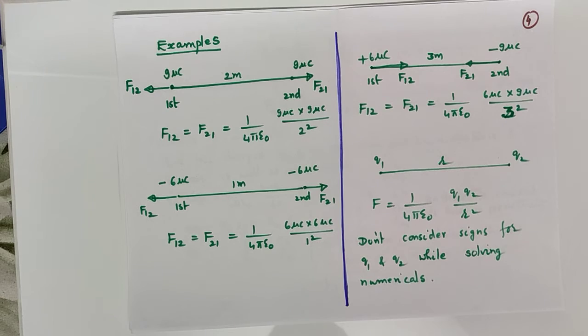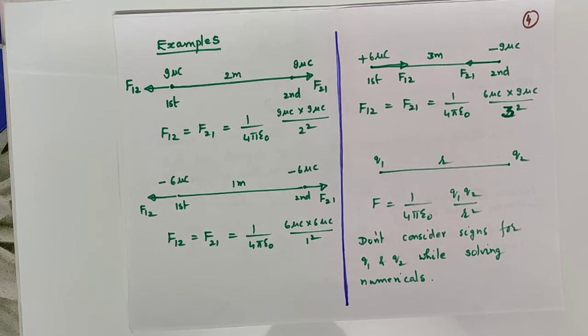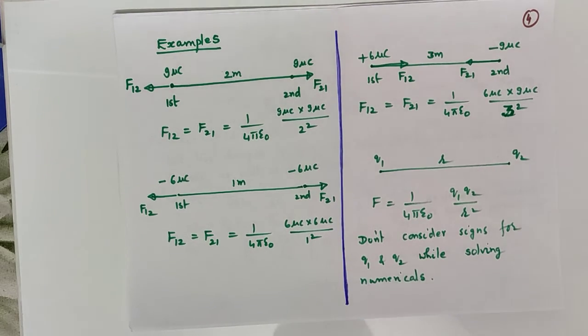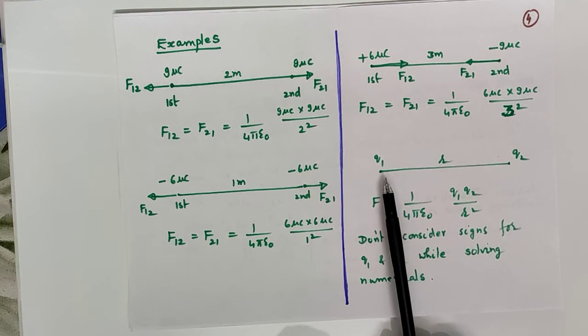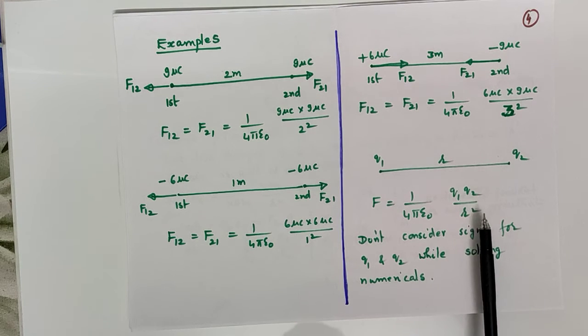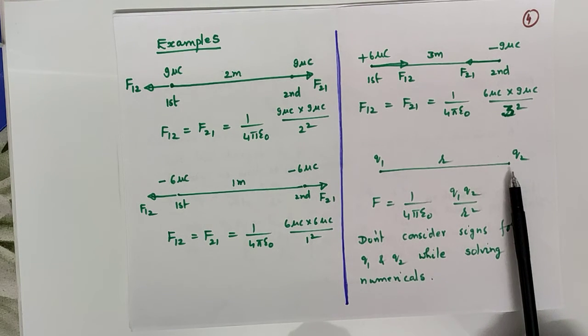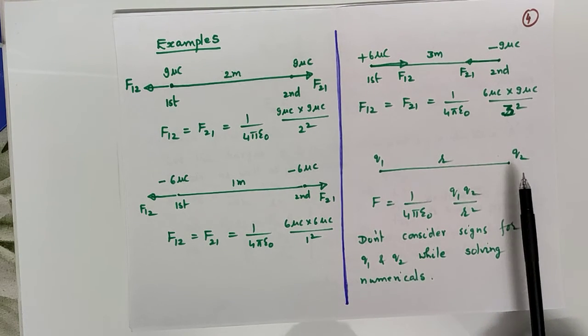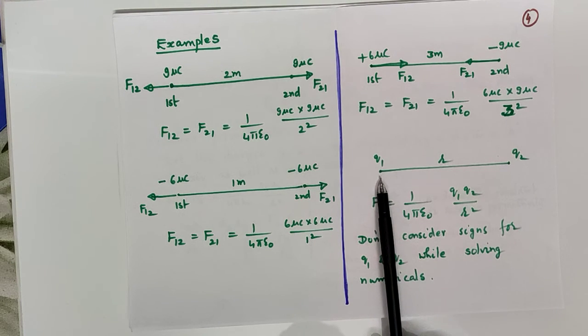Why? Because in Coulomb's inverse square law, we are going to take only magnitudes of the charges. We are not taking any direction in that Coulomb's inverse square law. So finally we can write the force between two charges as 1 by 4 pi epsilon naught q1 q2 divided by r square. Force acting on second charge by the first charge is F21. Force acting on the first charge by second charge is F12.